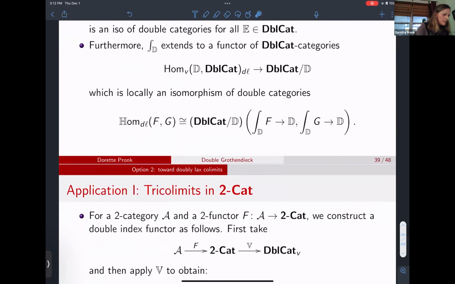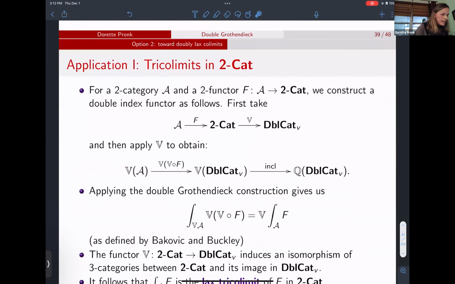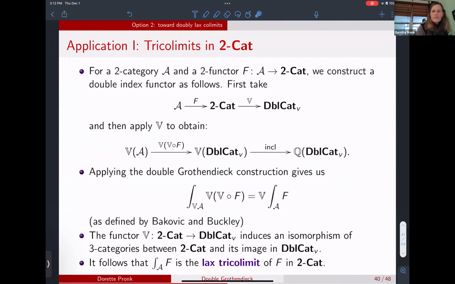So that was our next task, but before I talk about that, let me first give a couple of applications, to show you that these colimits, again, are extending colimits that we have seen before. First of all, I can look at the colimits in 2Cat.